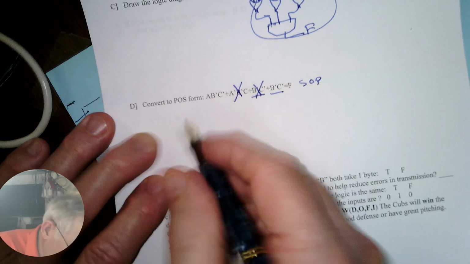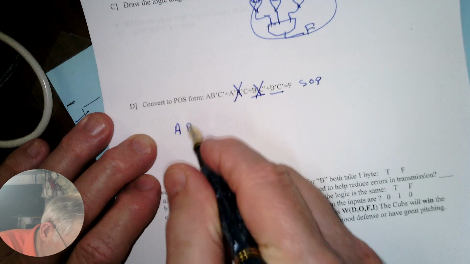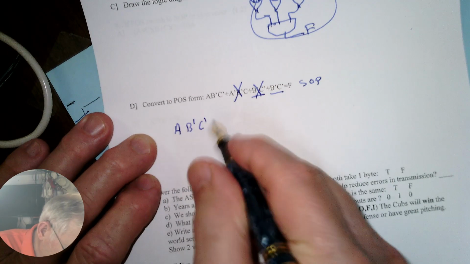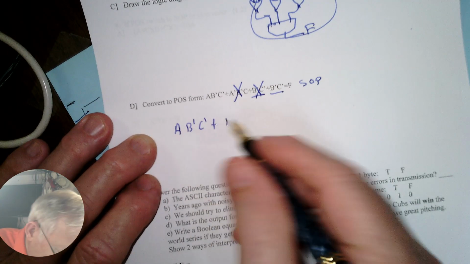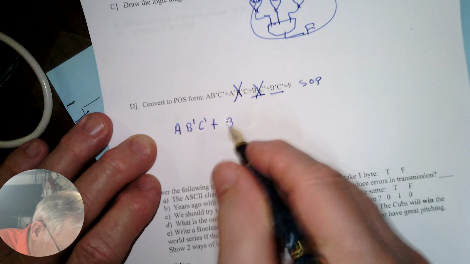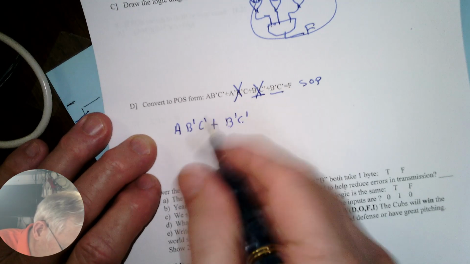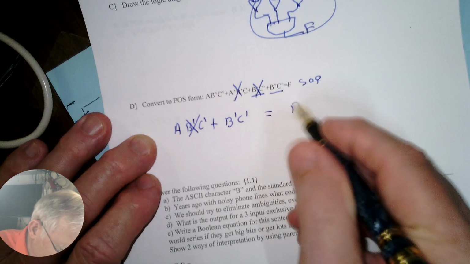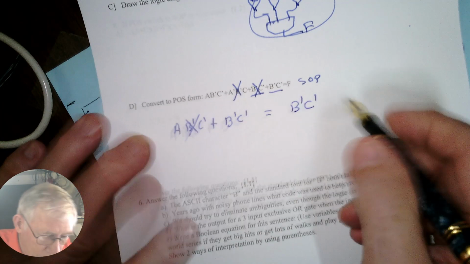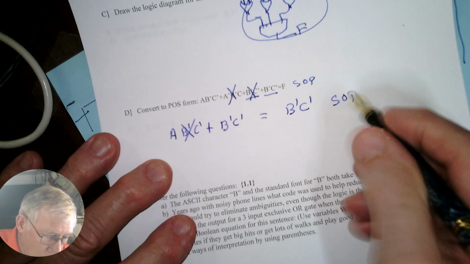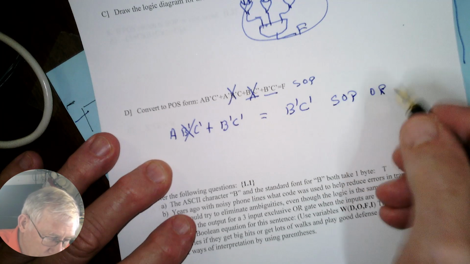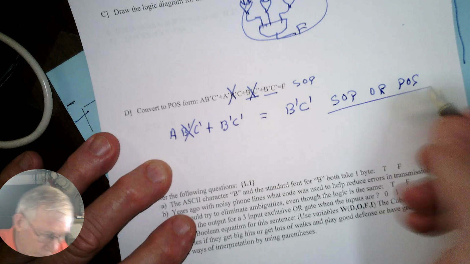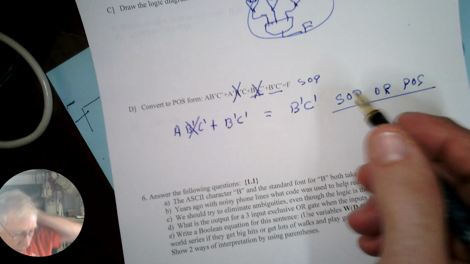And now we're just left with A, B prime, C prime, plus B prime, C prime. Well, we can get rid of this term too. So now we're just left with B prime, C prime, which actually is in SOP or POS. You can consider that either form because it's just two individual variables.